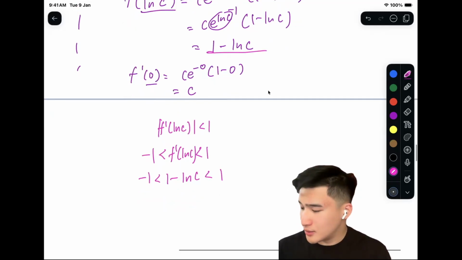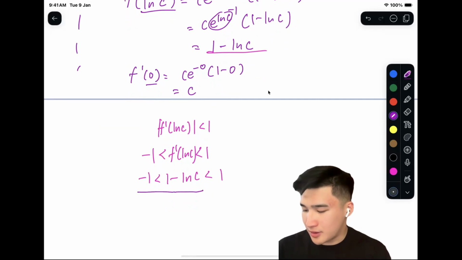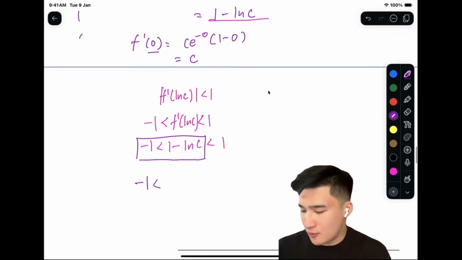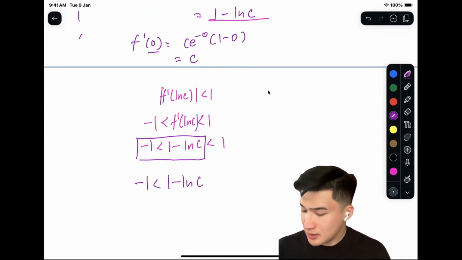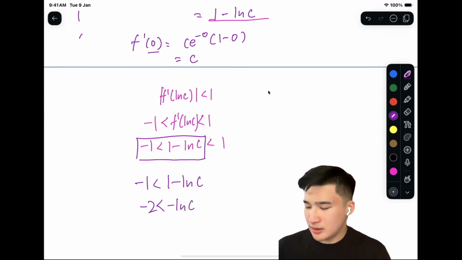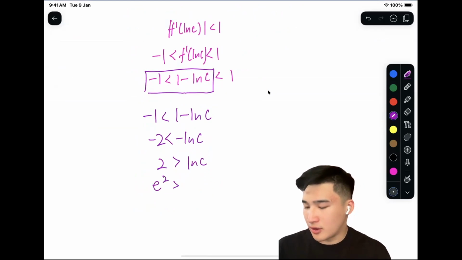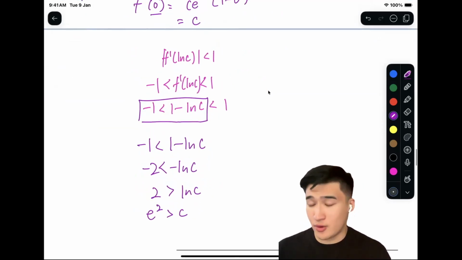First, let's do negative 1 less than 1 minus natural log c. What we get is negative 2 less than negative natural log c. When we do this, we switch the sign of the inequality, and it's e squared greater than c. That's our number 1.